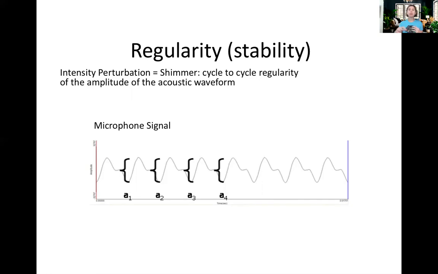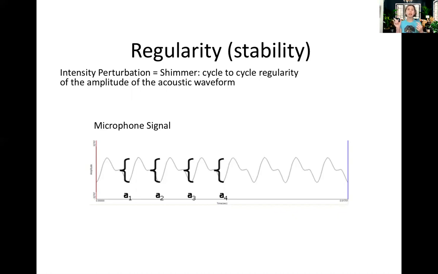Again, remember the amplitude of our acoustic waveform is indicating the amount of energy in our sound pressure wave. That's the intensity or the loudness of what's being said. Shimmer is that short-term variability in the amplitude of the acoustic waveform. Like jitter, shimmer is measured in a steady state portion of the vowel.